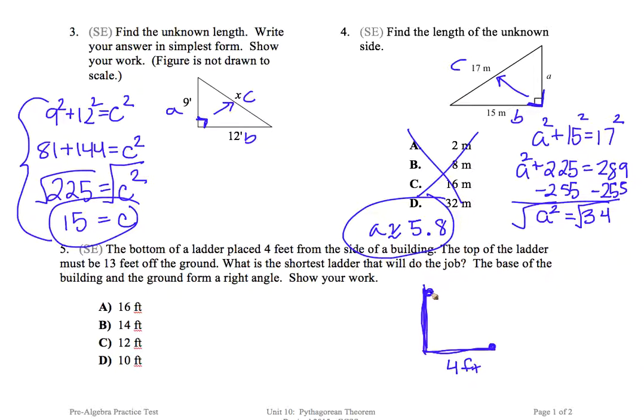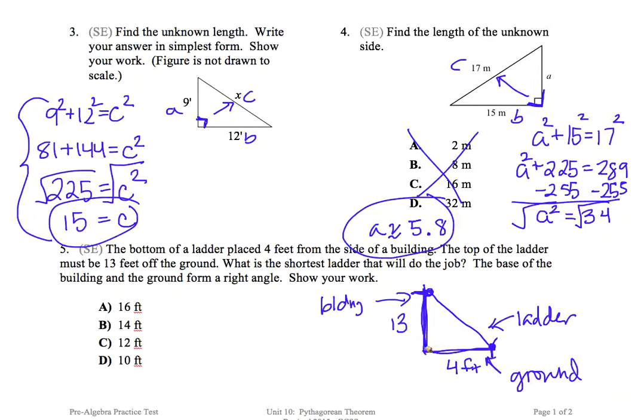Here's the top of my ladder. So there's my ladder, there's my building. This right here is the ground. Okay, so you can imagine the ladder here. It's got to be at least 13 feet above the ground, or off the ground. And it's 4 feet here.